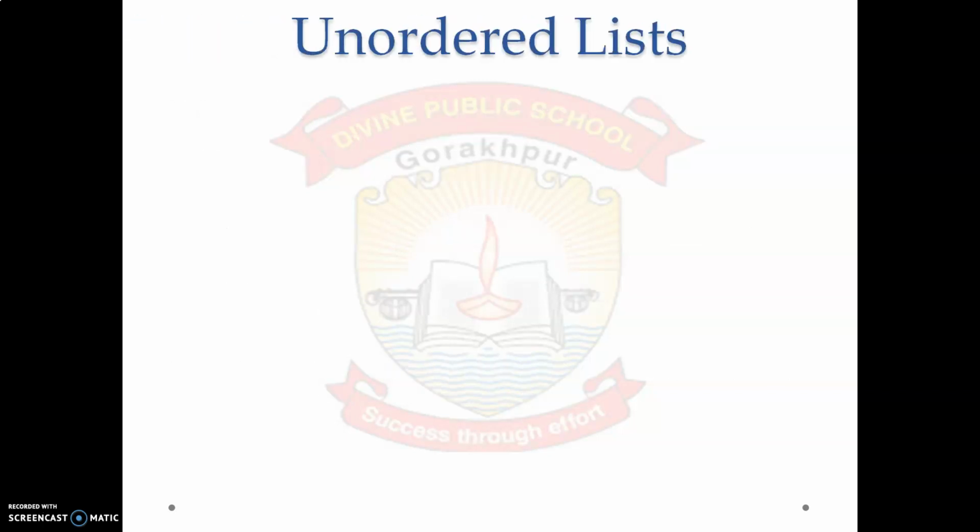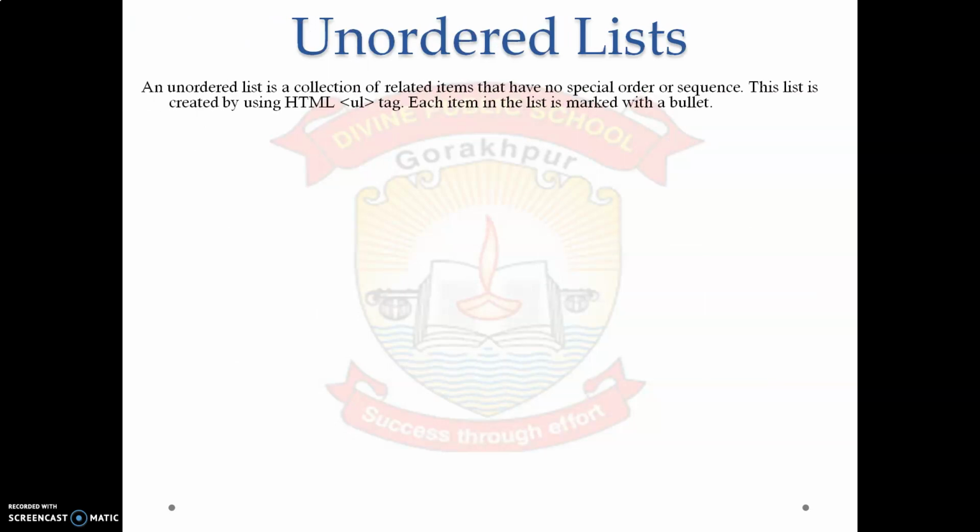First one is unordered list. An unordered list is a collection of related items that have no special order or sequence. Here we are saying unordered list means no order specified. Whatever item you can put anywhere in the list.